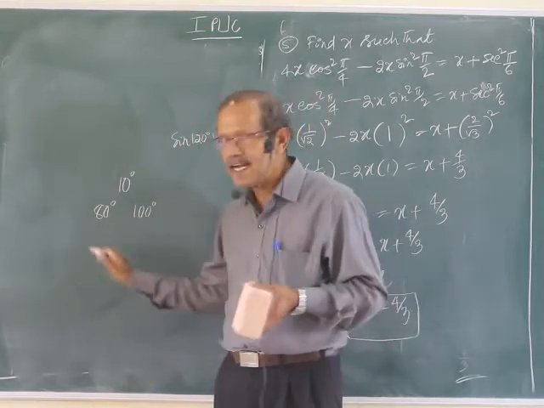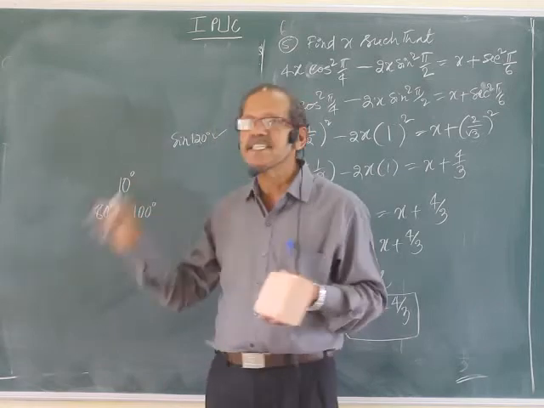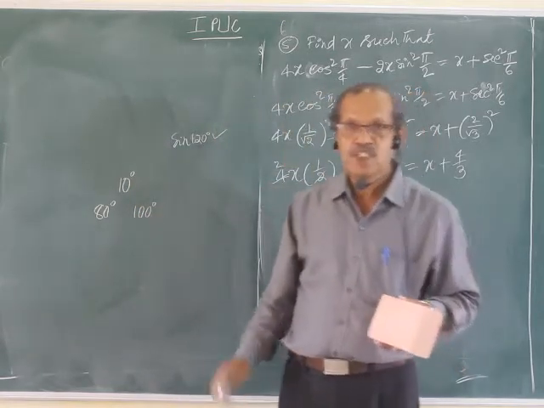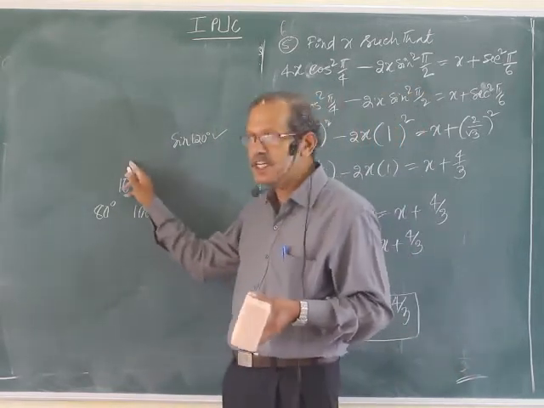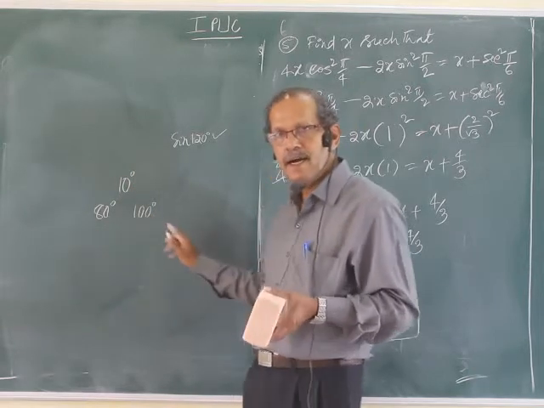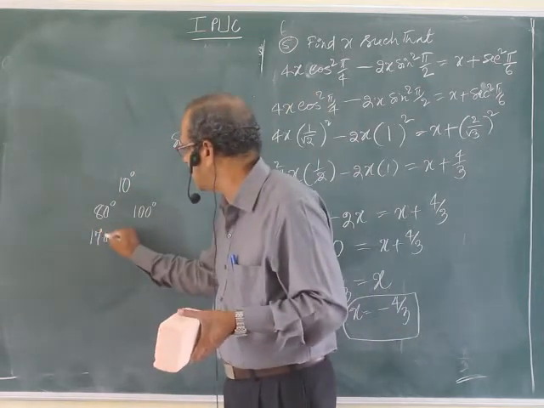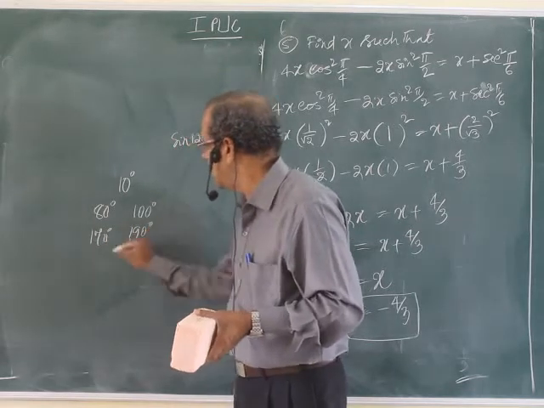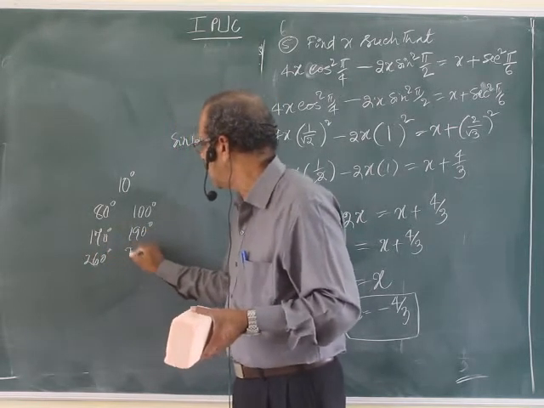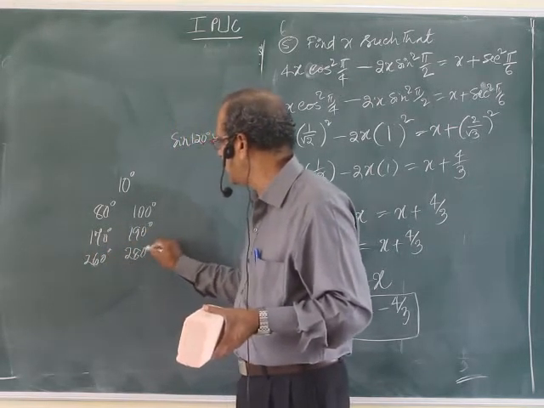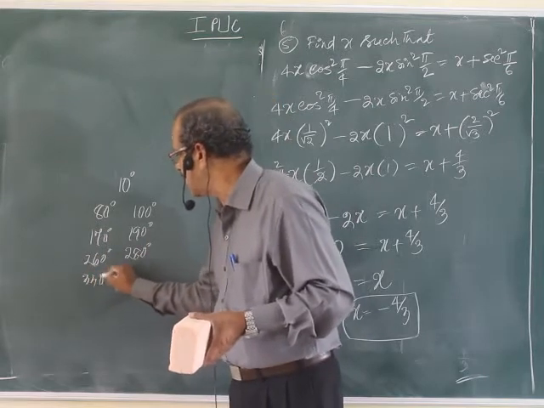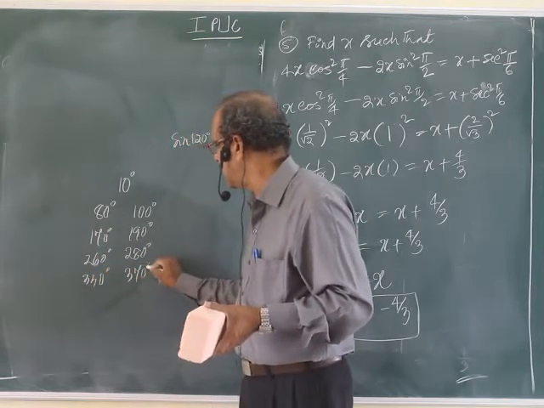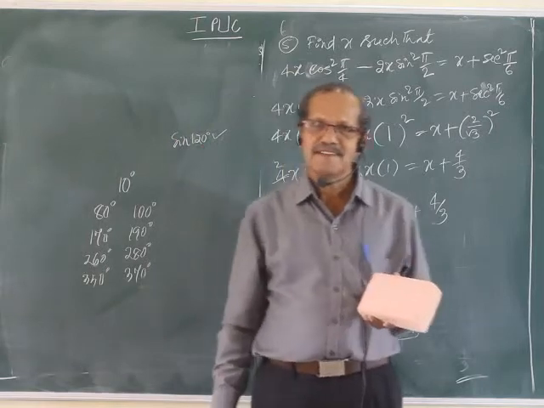I am writing certain angles related to this 10 degrees only. Just by knowing the trigonometric ratio of this, you can write 80 degrees, 100 degrees, 170 degrees, 190 degrees, 260 degrees, 280 degrees, 350 degrees, 370 degrees. See?